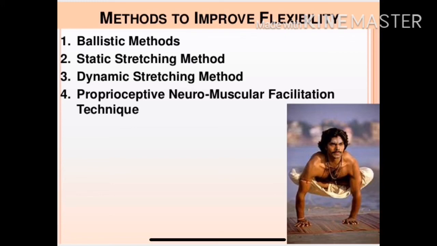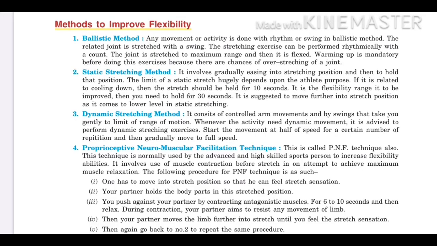Number 1 is ballistic method, second is static stretching method, third is dynamic stretching method, and fourth is proprioceptive neuromuscular facilitation technique. So number 1 is ballistic method. All the movements or activities which are done with rhythm or swing are called ballistic stretching.